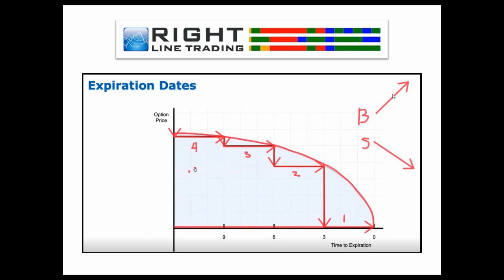Does that mean we're going to hold it for a year? Absolutely not. We may wind up holding it for a month. In fact, we might wind up holding it for 3 weeks. The point is that when we buy an option, we always want to give it enough time to evolve.